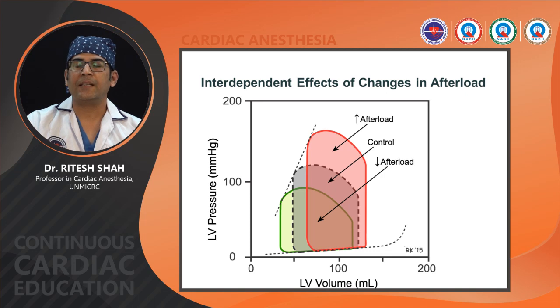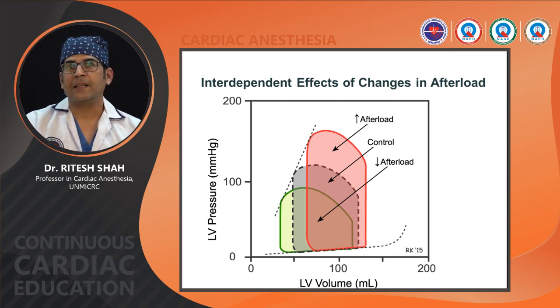When afterload is increased, end systolic pressure and end systolic volume are increased, and because end systolic volume is increased, stroke volume is reduced. So this is compensated by an increase in the preload. In the next cycle, because of the increase in the end systolic volume, it increases the end diastolic volume also.